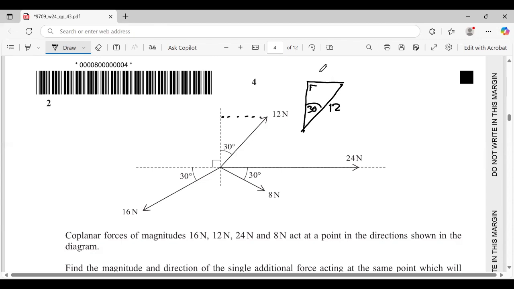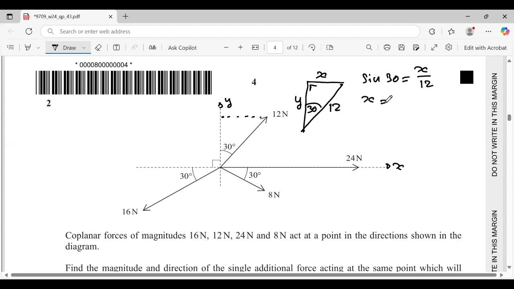If this is x, on the x-axis, and this is y, on the y-axis, then sine 30 equals x over 12.